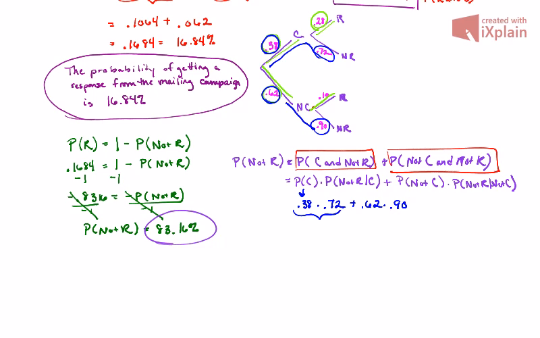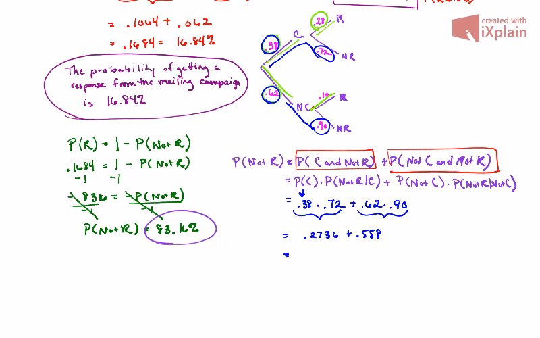If we take care of this using our order of operations, we get that 0.38 times 0.72 is 0.2736, and 0.62 times 0.9 is 0.558.